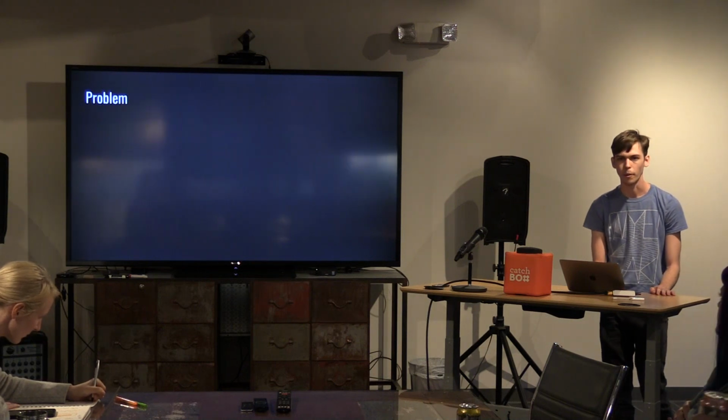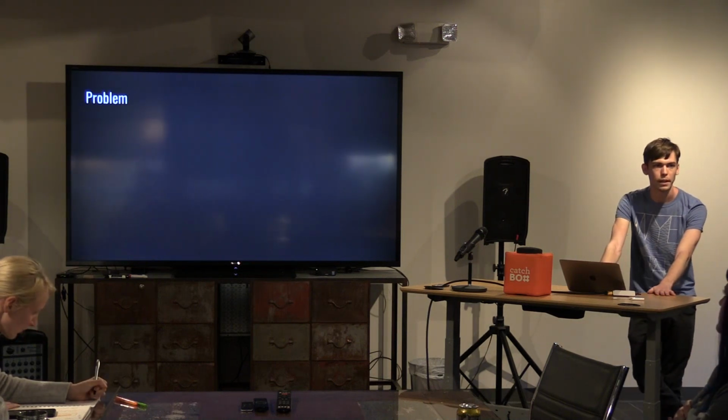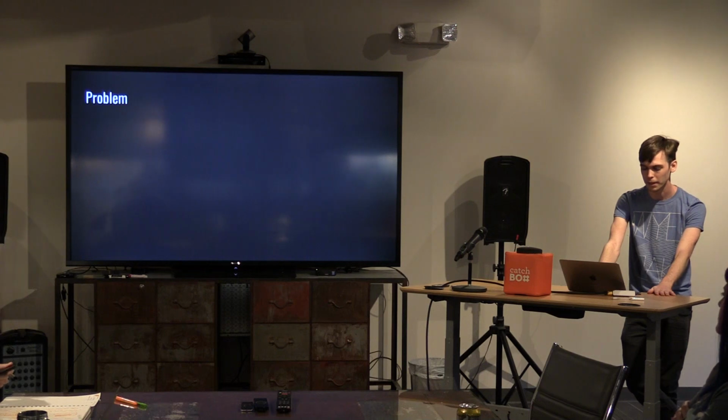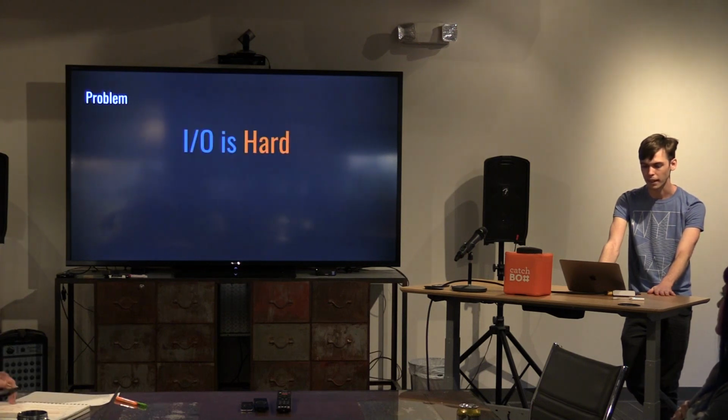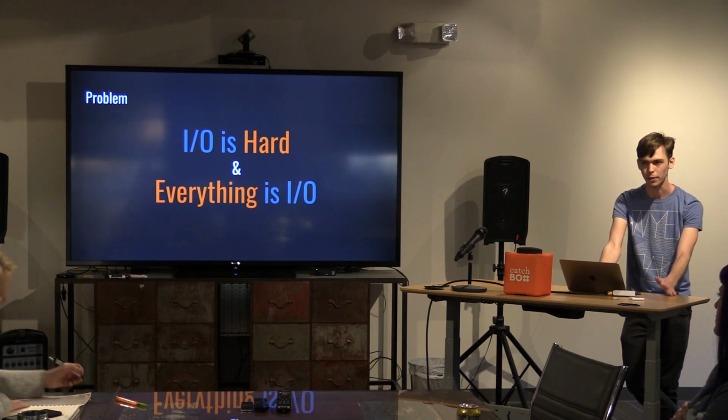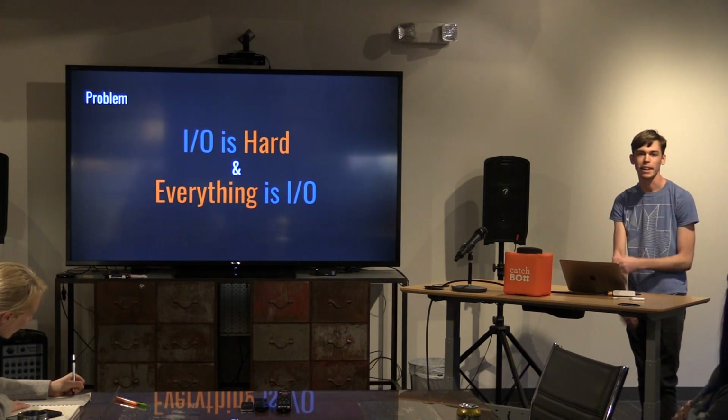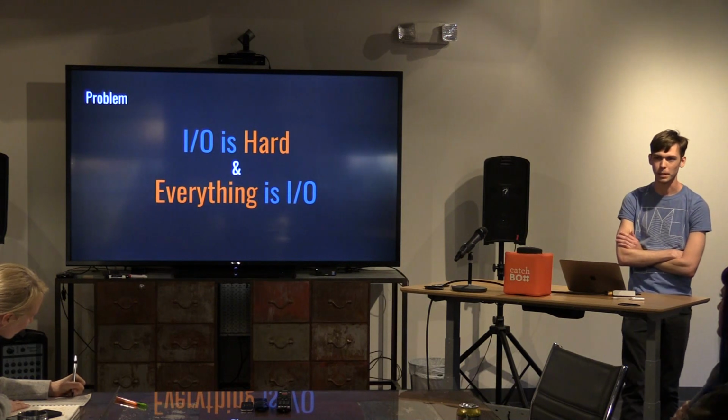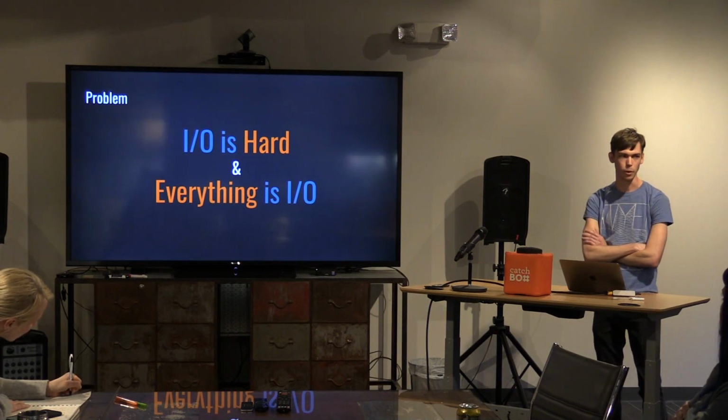So first, what I see as the biggest problem in software development is that I/O is hard and that everything useful that you want to do is I/O. By I/O, I'm using that term loosely to mean anything that interacts with the real world.